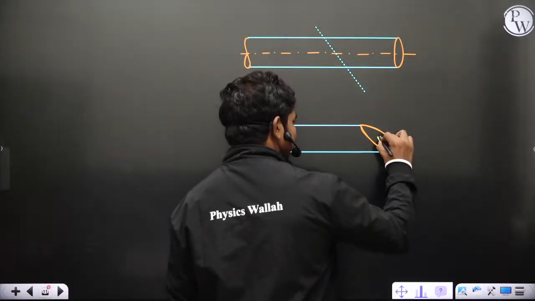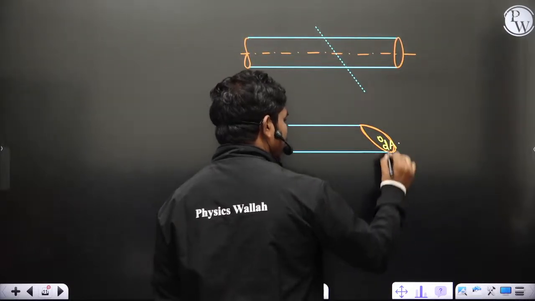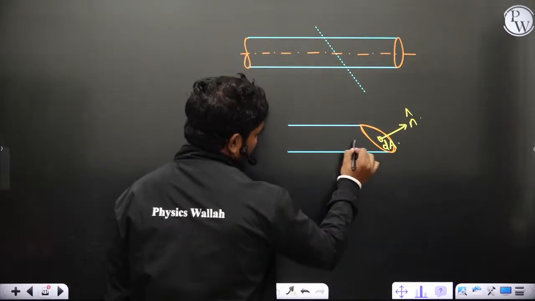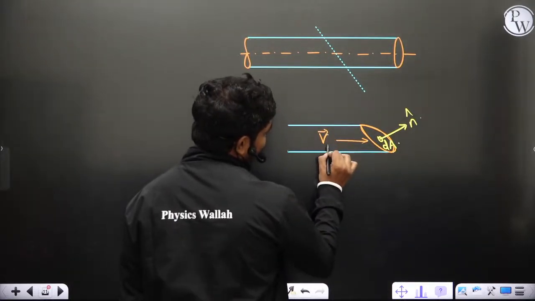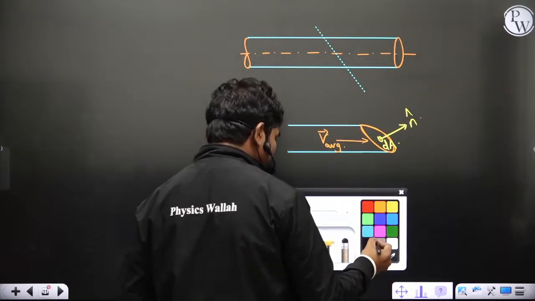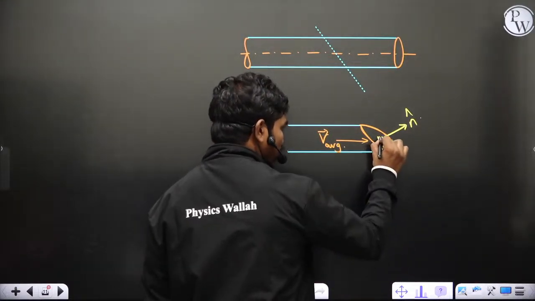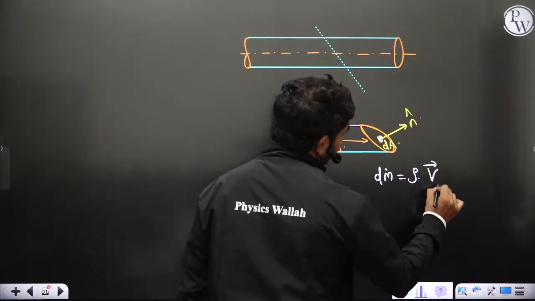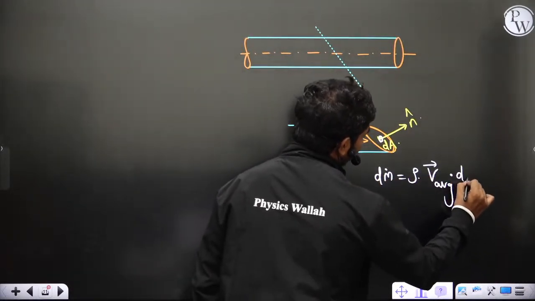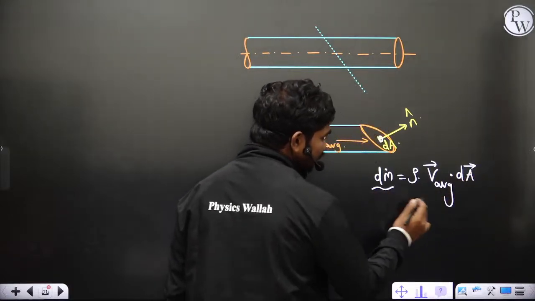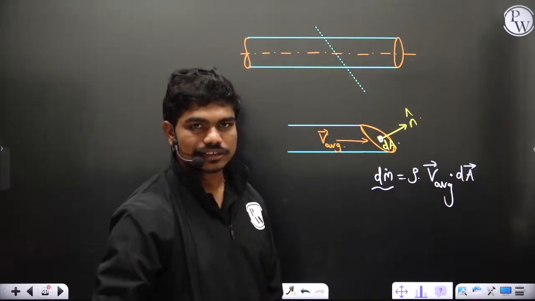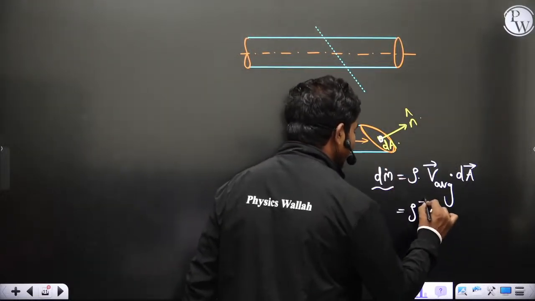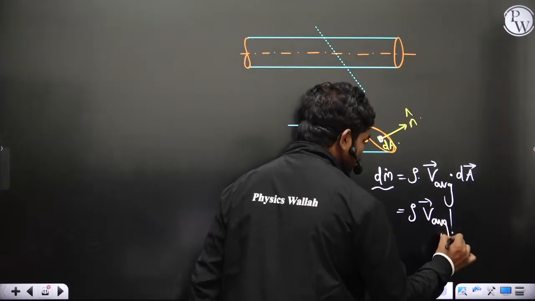If you have a small area here, this is dA and this is the outward normal n cap to that area, and flow is happening in this direction with V average, the small elemental mass flow coming out through this small area is given by dm dot is equal to rho times V average dot dA. Mass flow rate is actually a scalar, and the dot product of these two vectors is a scalar.